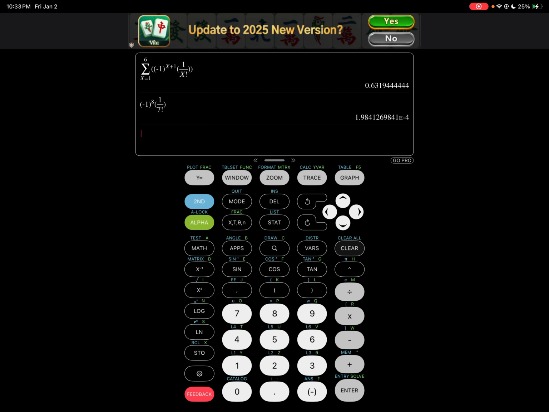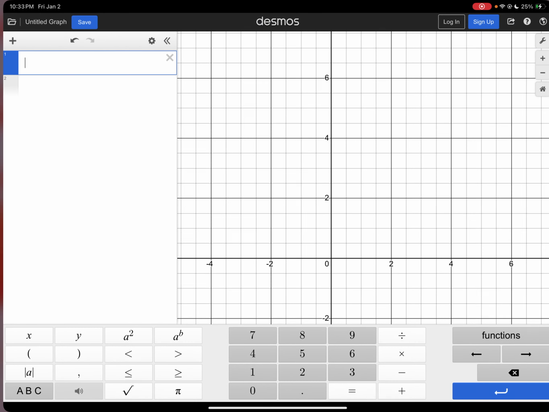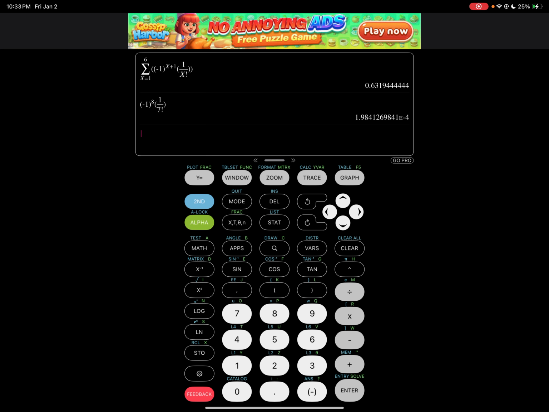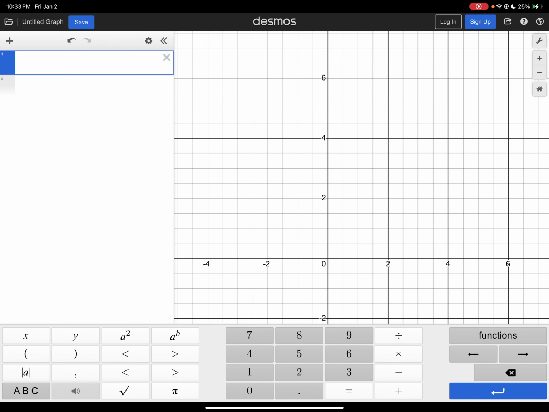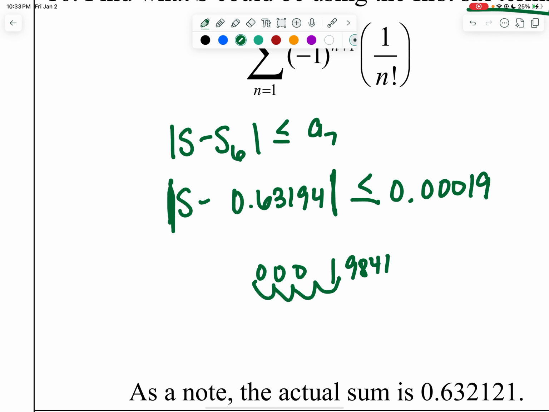Oh, wait, that's e to the -4. So if that's e to the -4, 1.9841. One, two, three, 4. So my next neglected term is 0.00019, essentially.